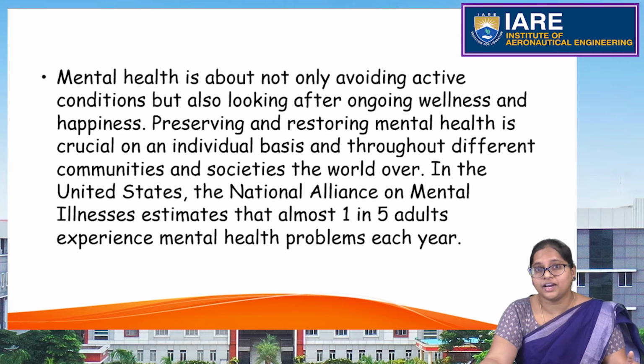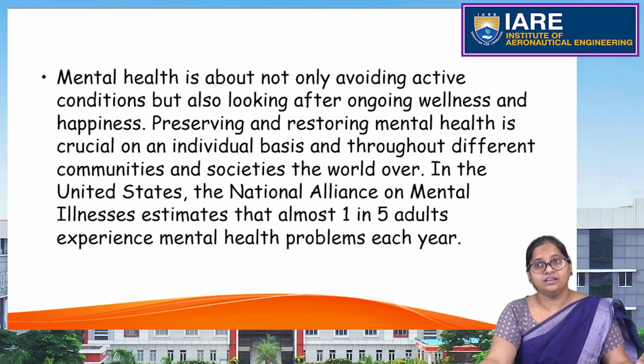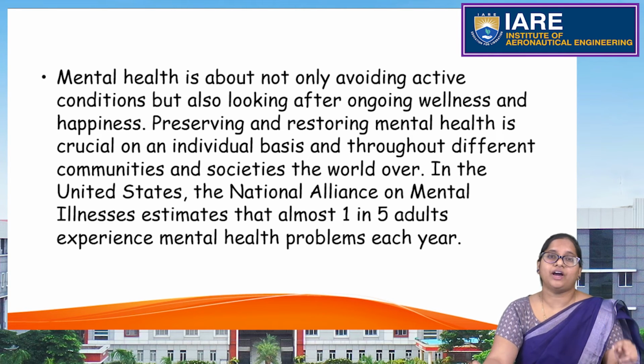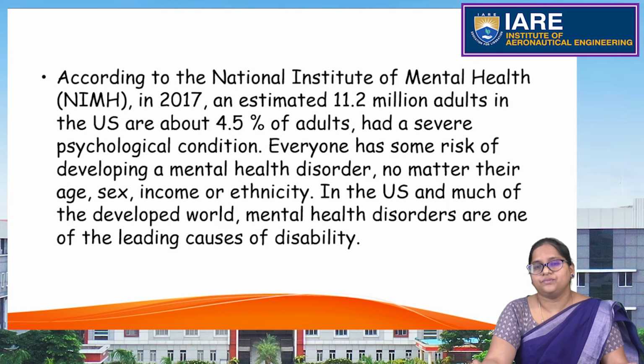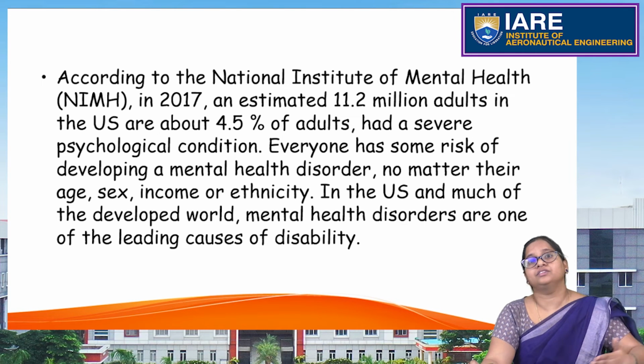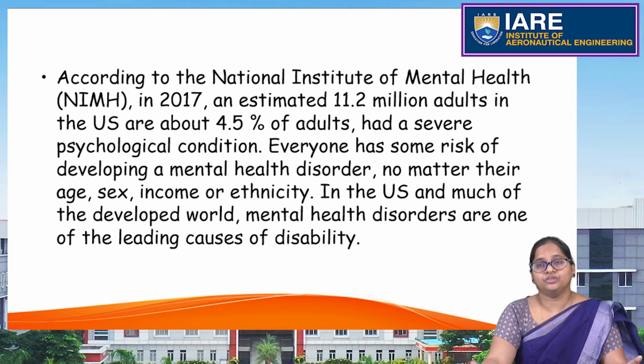Now you can see in the United States, referring back to some incident here, the National Alliance on Mental Illness estimates... Now what does it estimate here? 1 in 5 adults experience this particular problem. And again the information continues: according to the National Institute, 11.2 million adults, or about 4.5 percent of adults, had this psychological disorder or some problems.